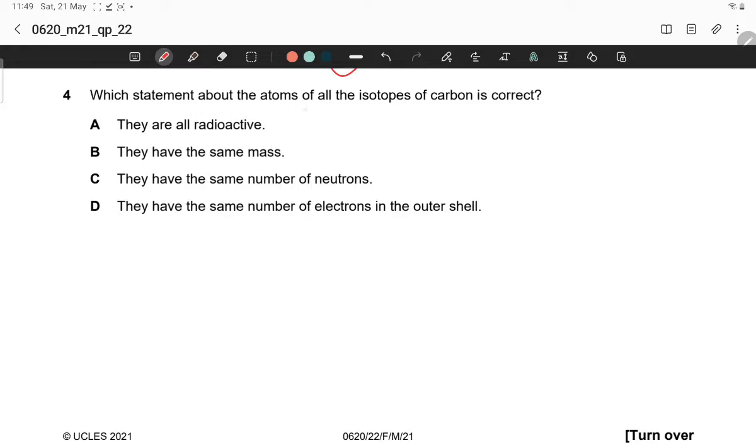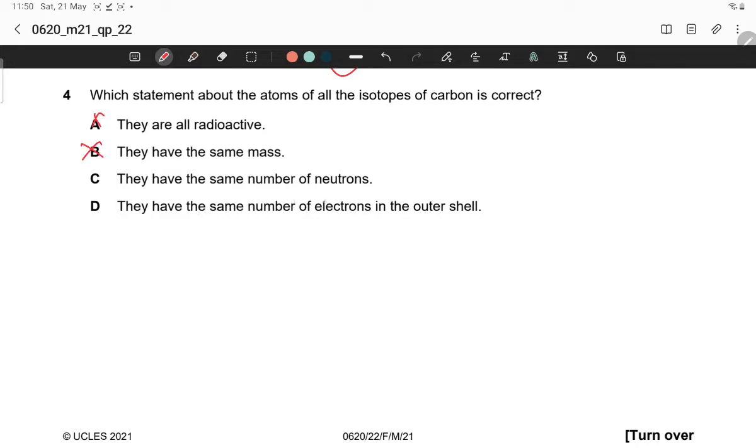Which statement about the atoms of all the isotopes of carbon is correct? They are all radioactive. No, this is incorrect. All isotopes are not radioactive. They have the same mass. No, not the same mass. C13 and C12 have different masses, so this is also incorrect.